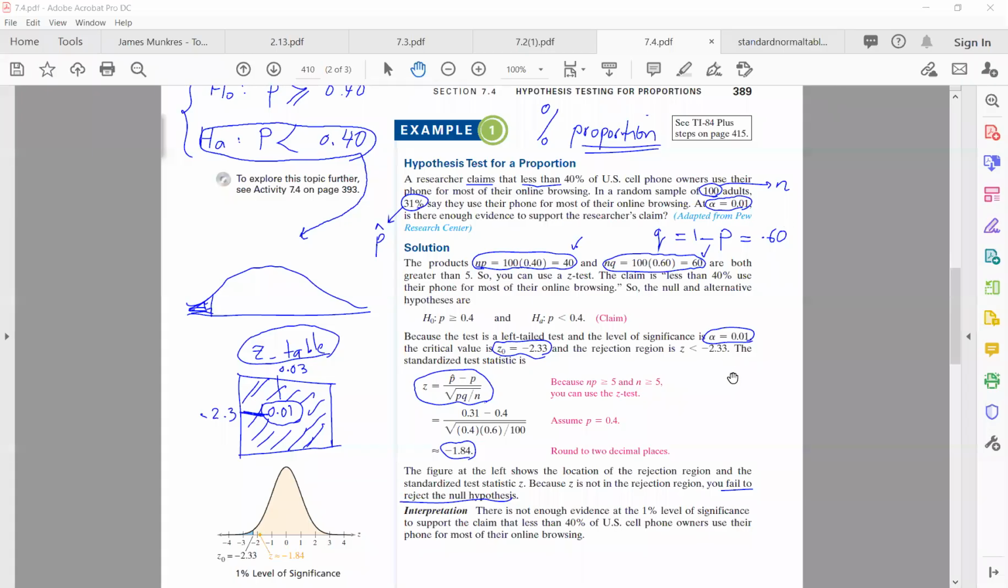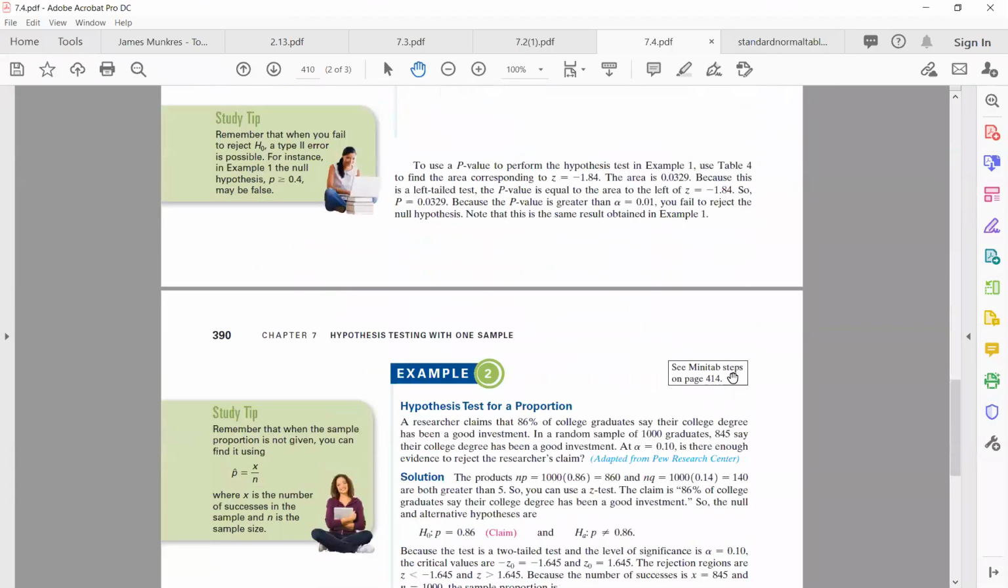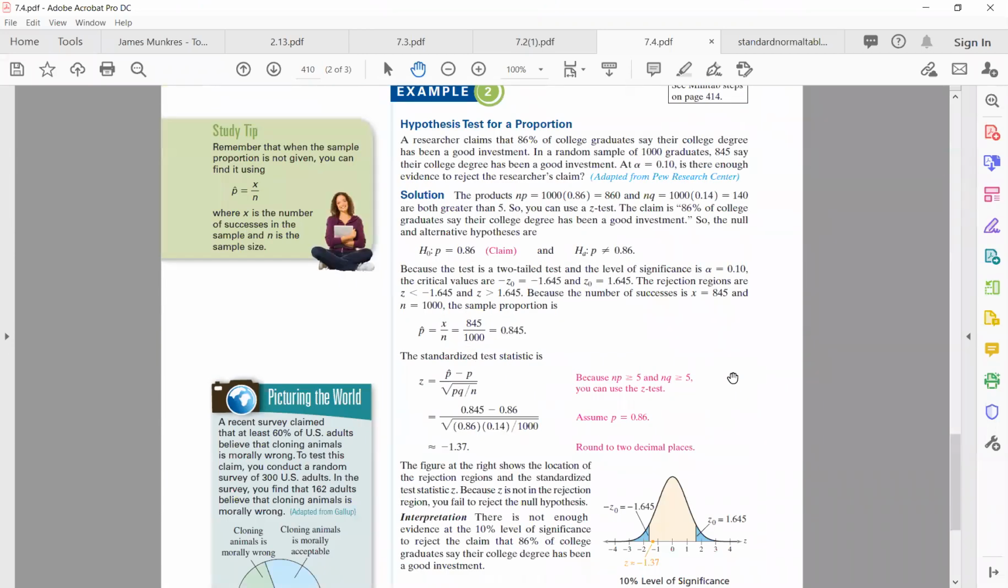Okay. Let us move on to the next example. A researcher claims that 86% of college graduates say their college degree has been a good investment. Since you have percent, it means that you're working with proportion, and they are saying that exactly 86% of students say the degree is a good investment.